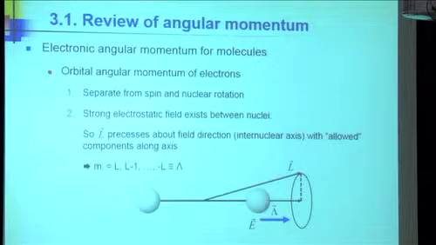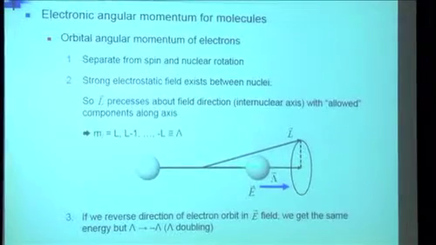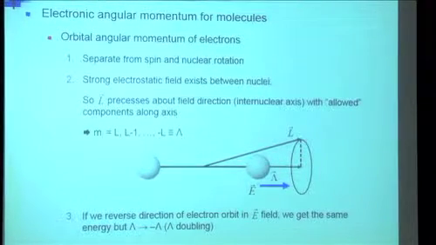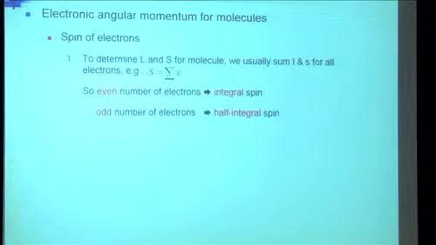We don't care about the L. Now, this could be plus or minus, so you have to be careful. It could be pointed this way or that way. If this was NO, it could be pointed along the axis one way or the other direction. Because of that little subtlety, lambda can be pointed either way, and that turns out to cause a slight separation of the lines called lambda doubling.